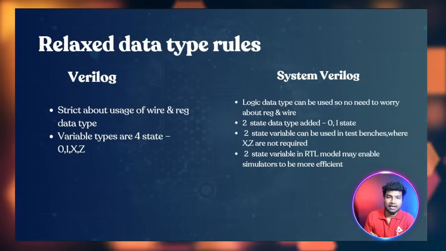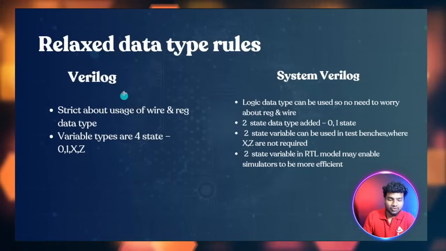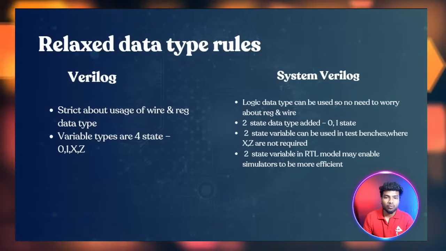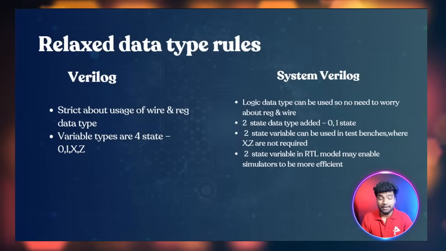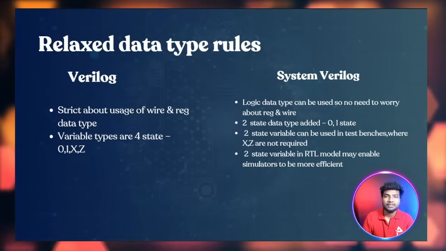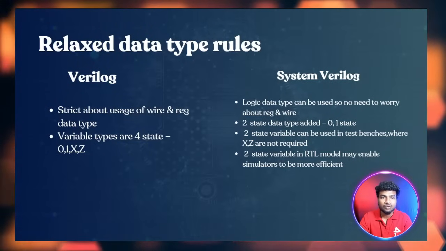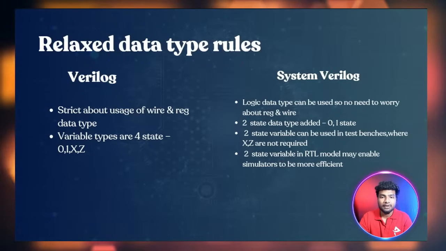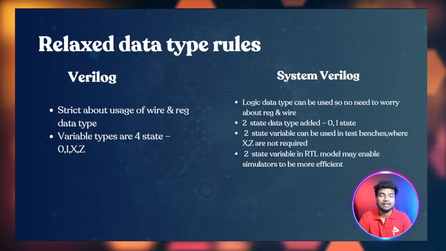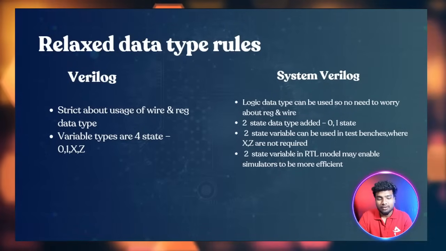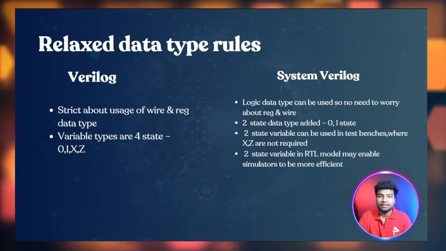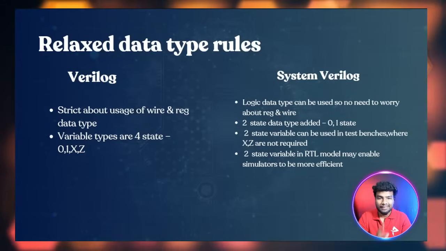This is the difference between the data types of Verilog and SystemVerilog. In Verilog we only have reg and wire, the net data types and reg data types. Reg and wire are 4-state data types. It means they may have 0, 1, x, or z. In SystemVerilog we have added data types like logic, byte, bit, integer, int, long int, and short int.